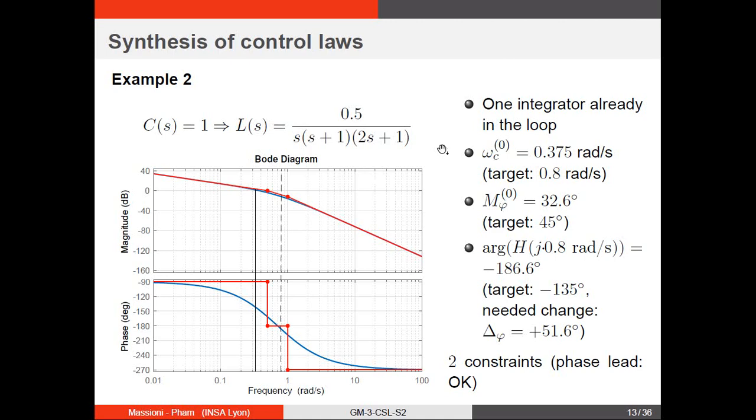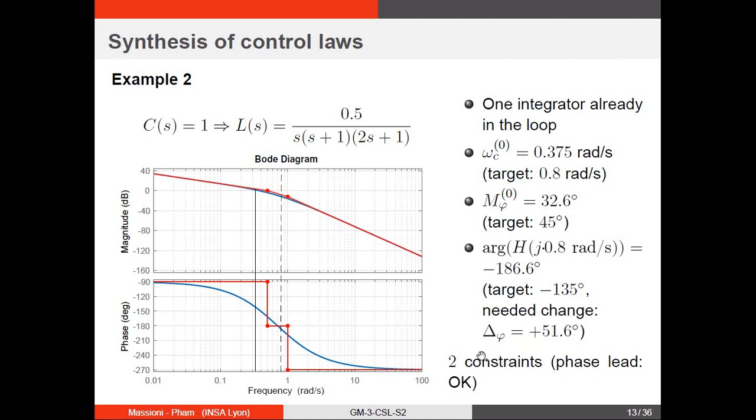We have the desired omega c at 0.8 and the desired phase at omega c, which again needs to be increased by 51.6 degrees, as we've seen before. So this can be done by a phase lead controller, which, you remember maybe, can give you an extra phase at the desired point.